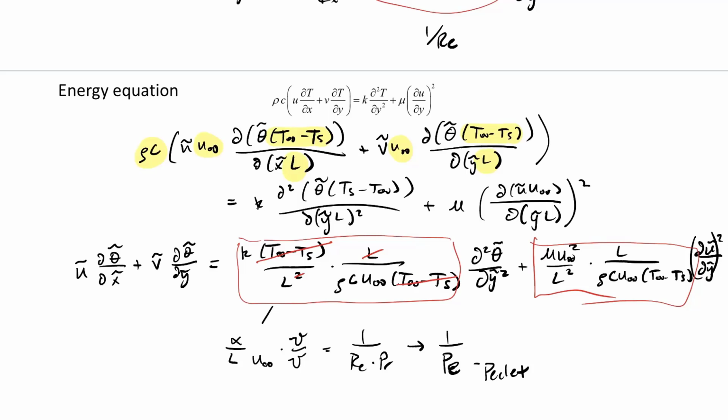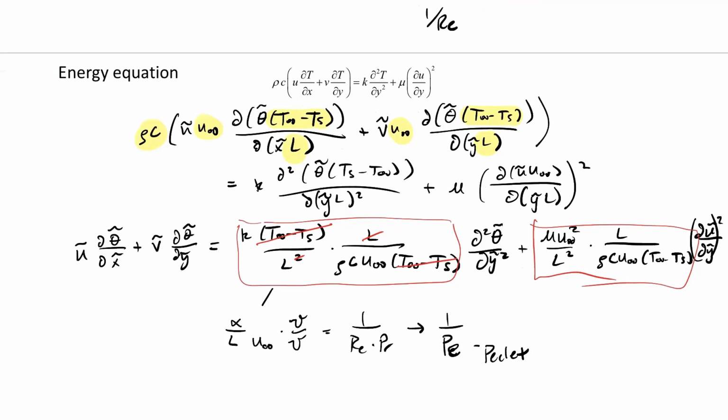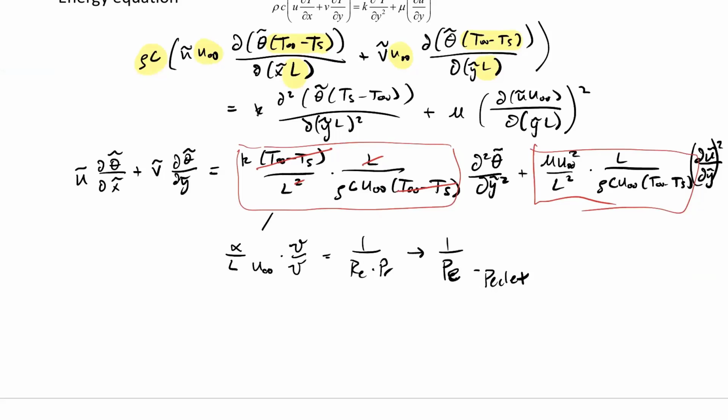Okay, then if we go on to the other term here, a bit tight on space, but we'll do it this way. We get rid of one of the L's.